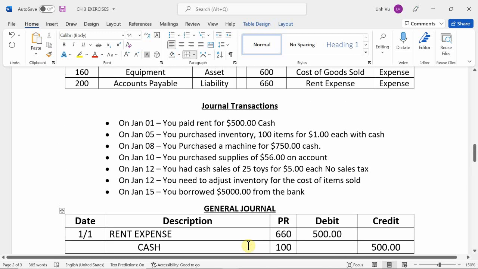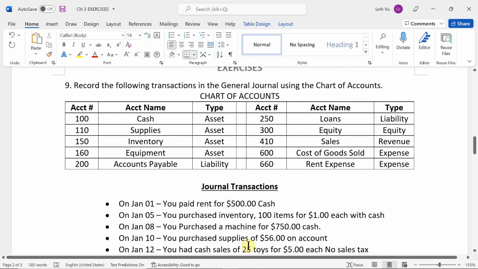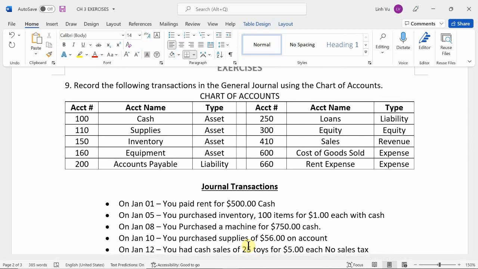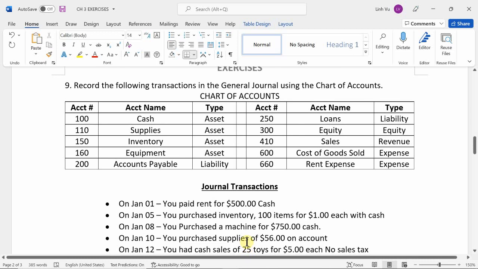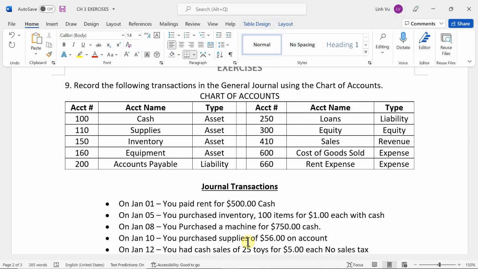Okay, good. Then January 8th, you end up purchasing a machine for $750 cash. I bought a machine for $750 cash. That's an equipment asset.